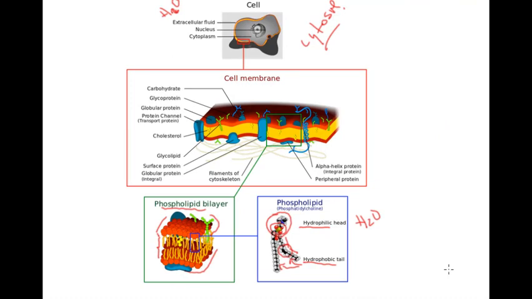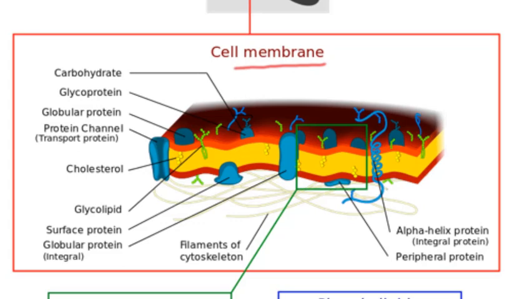The cell membrane is way more complex than just a phospholipid bilayer. When you look at the cell membrane, there's also all sorts of proteins and sugars that are found inside that membrane. Remember when I told you that a potassium ion could not by itself make its way to the inside?